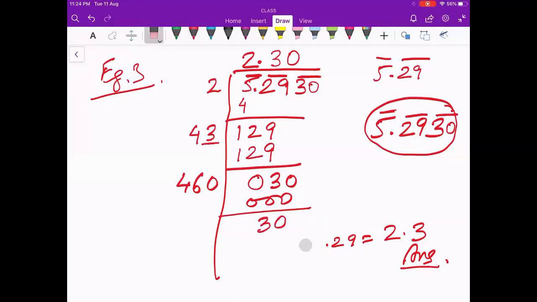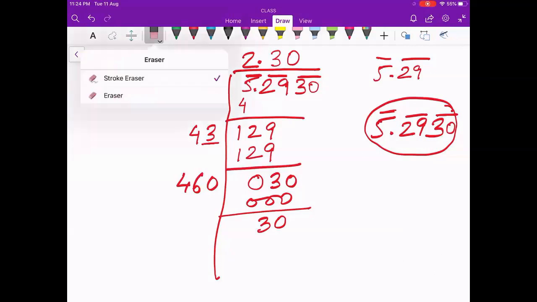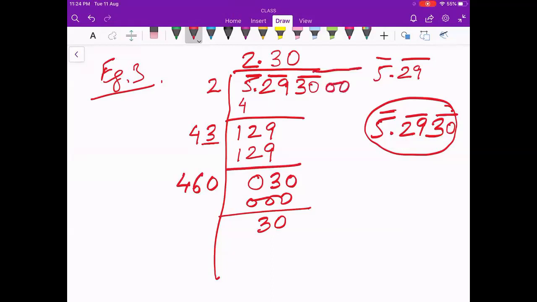Let's rub this thing. Now again we take two zeros here and put bars. These zeros come down. Okay. Now in next step we take the double of 230, that is 460.